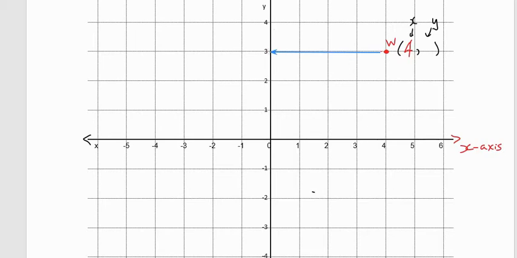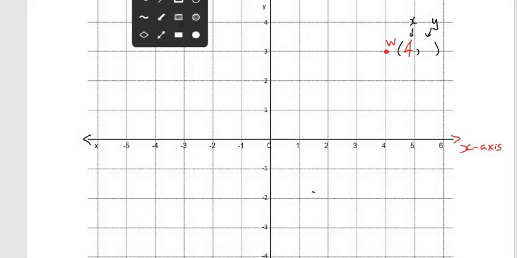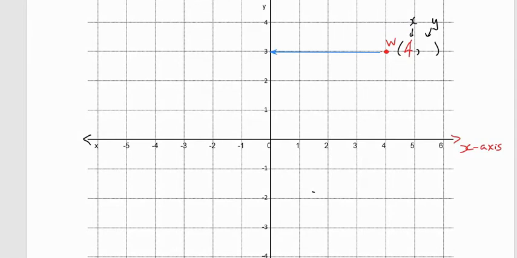Right. And so this will actually give you what? Value for y. Yes, the y coordinate. And that will be 3. Y coordinate. Thank you. So that's very good. So that you have identified the location of the W via the x-axis and the y-axis. The location is 4, 3. All right.